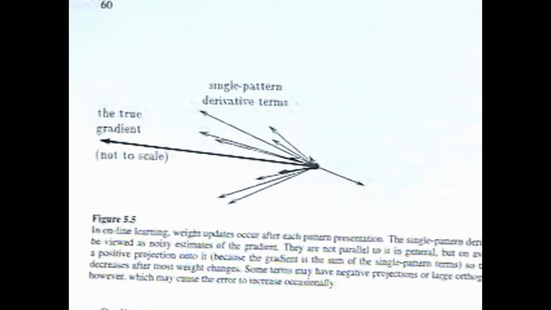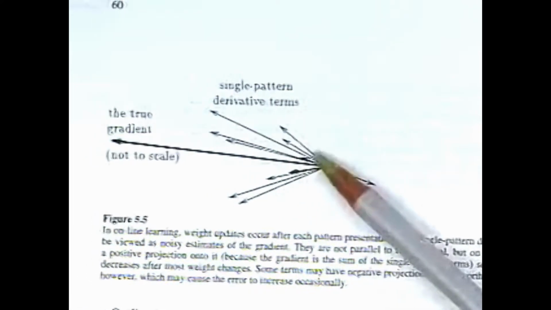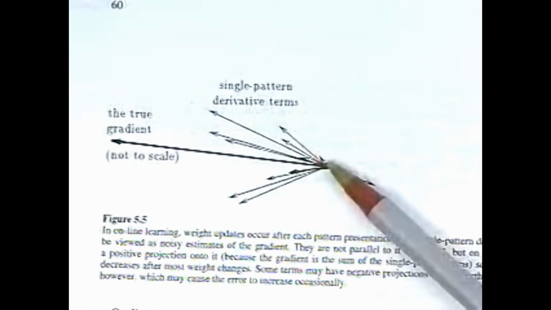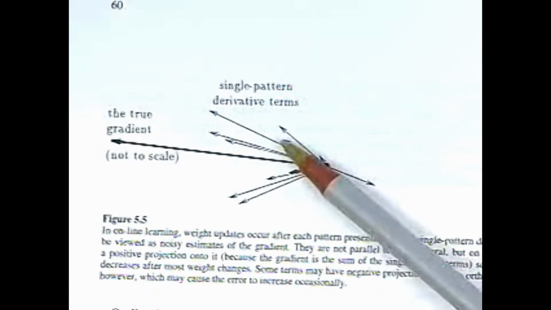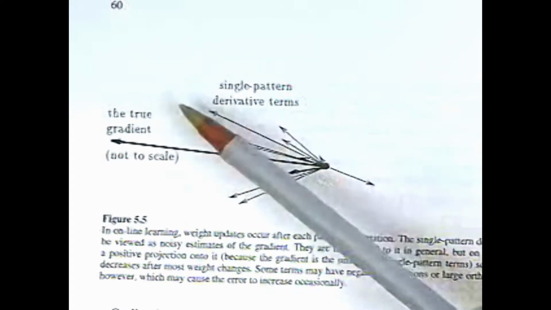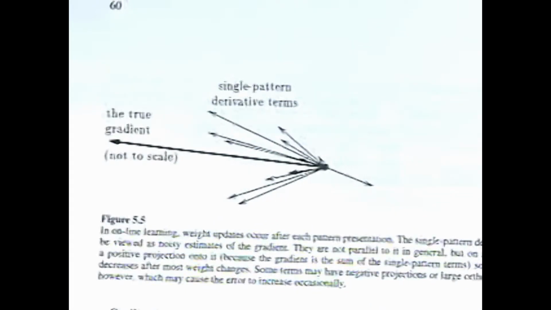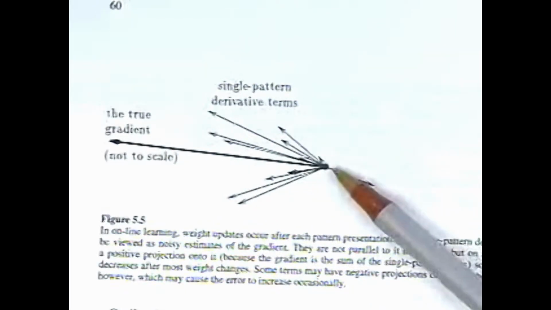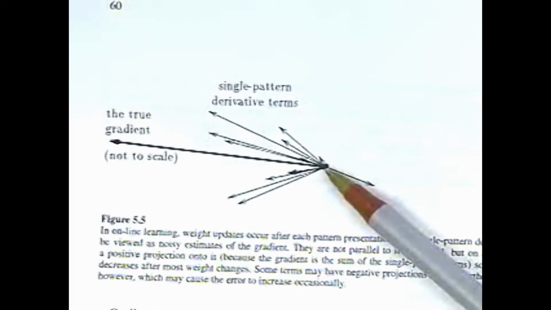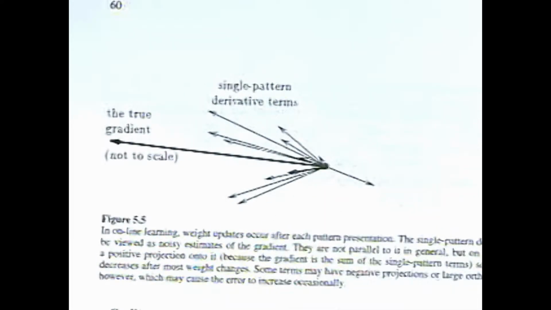So you might present the first data and you'll step in this direction. If you presented the second piece of data, you'll step in this direction, the third piece of data in this direction, etc. So each of the different pieces of data, if you're at the same place, depends on the next value of the data that you present, is where you would perform the step.